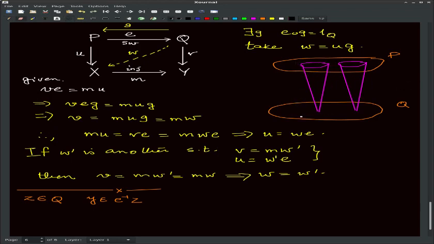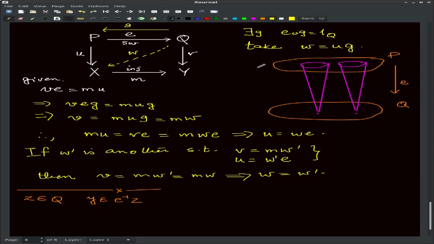And there is nothing left over on Q, right? That's your picture of E. Yes, because it's a surjection.